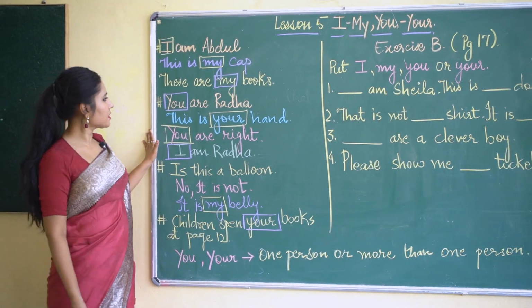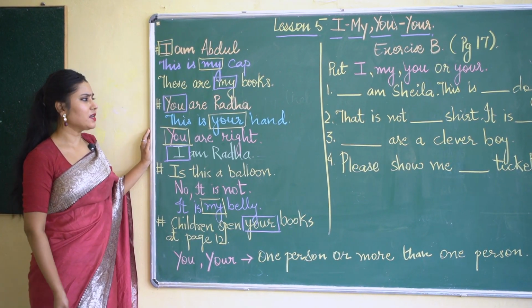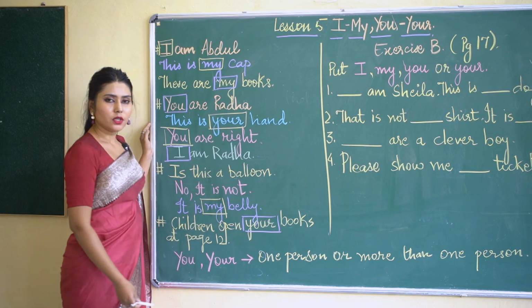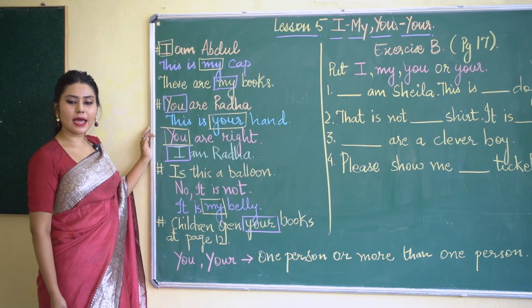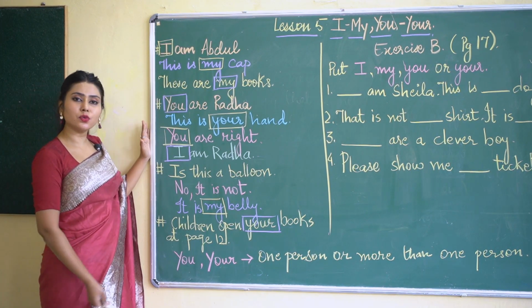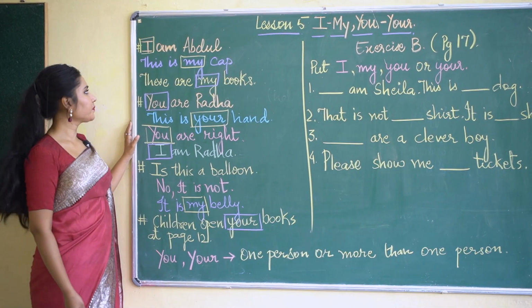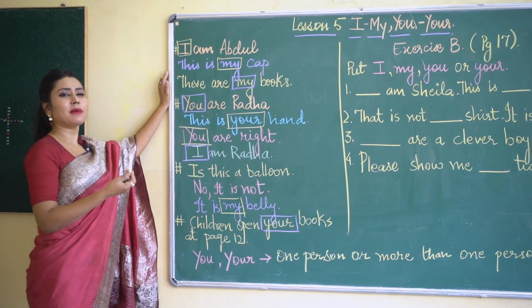Children, again I have taken all these examples from your books, and of course in your book there are pictures given beside. So take out page number 16 and then you will be able to follow the sentences written beside. Now children, for example, let us take that my name is Abdul.